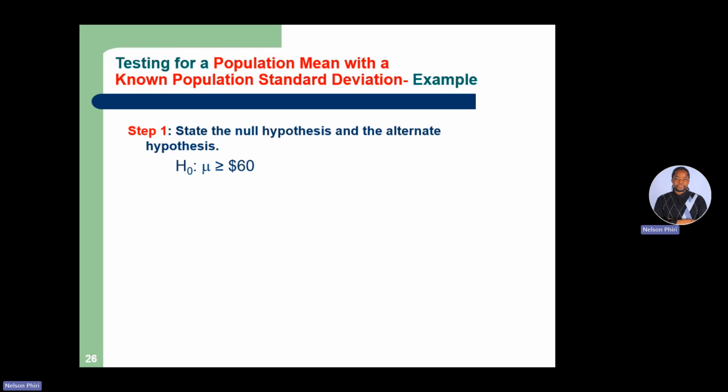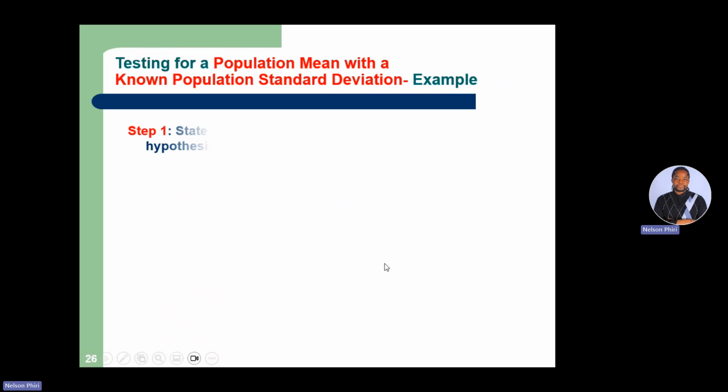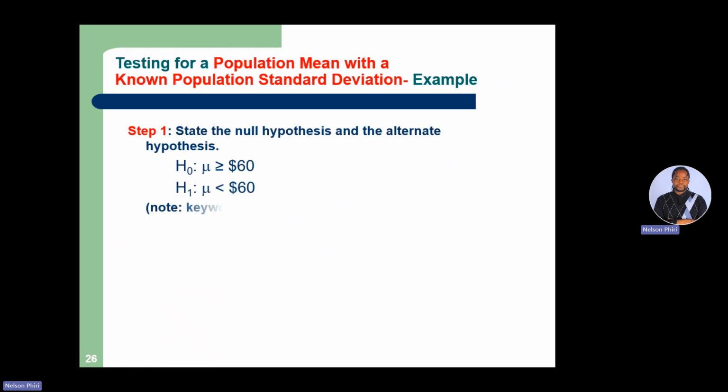Always, your statement, here "now less," should tally with your H alternative. If it is an increase, it should also tally with your H alternative. In this case, the keyword "now less" tallies with less than 60, which shows you it's a left-tailed test.